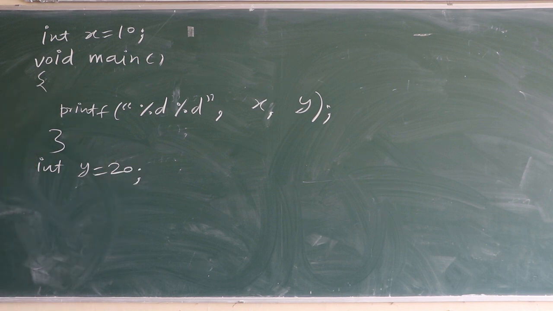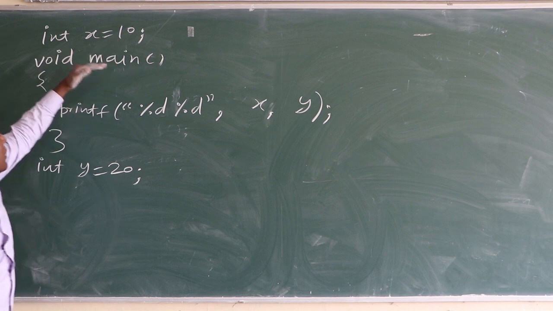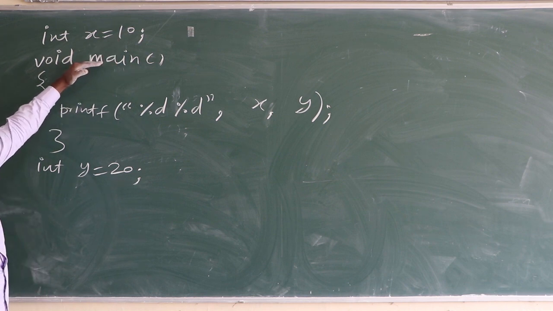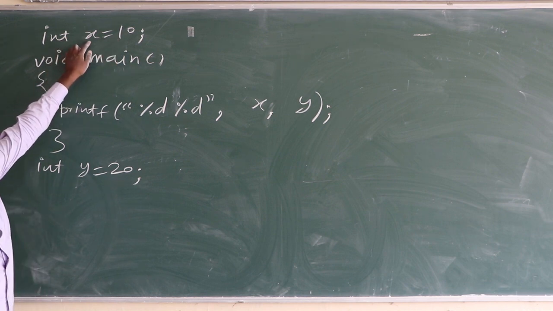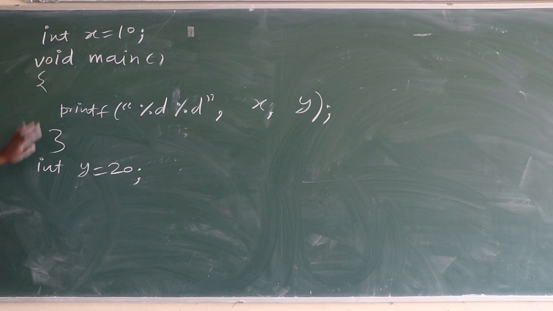Here int x equal to 10 is declared before the main, so x is a global variable. Int y equal to 20 is also declared outside main, so int y is also a global variable.